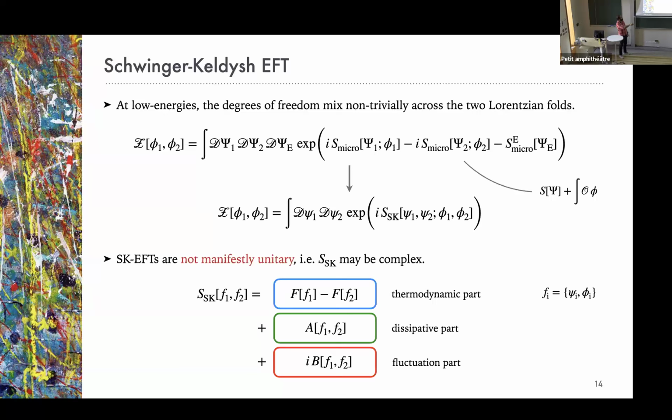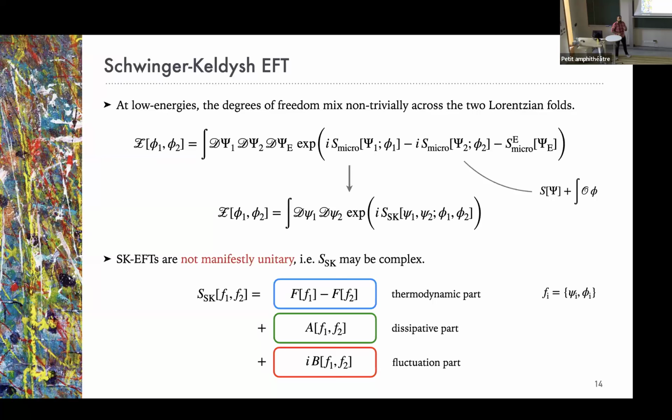In general, even if you started with this kind of expansion of your theory where you could separate one copy of field from the two copy of field, you can sort of separate degrees of freedom that are living on individual parts of the contour. You do this complicated thing, there is no guarantee this will continue to happen. In fact, there's a part of the action where this factorization happens, where degrees of freedom on one part of the contour are separate from the other part of the contour, which precisely corresponds to equilibrium field theories.